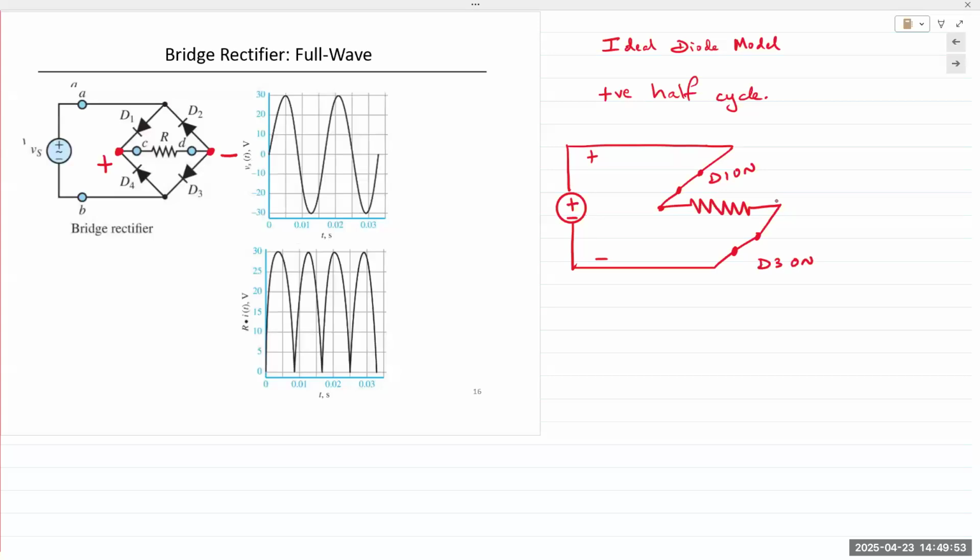Using the passive reference configuration, current moves in this direction, entering the resistor from the left, causing a voltage drop. Plus on the left, minus on the right. The point of entry is always positive, and the point of exit is negative.